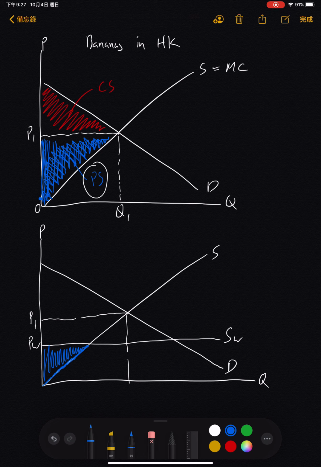All right, so in this case, PS will become this area, and you can look at what will happen to the consumers at this price as well. At PW, the quantity demanded is at Q, let's call it Q1.